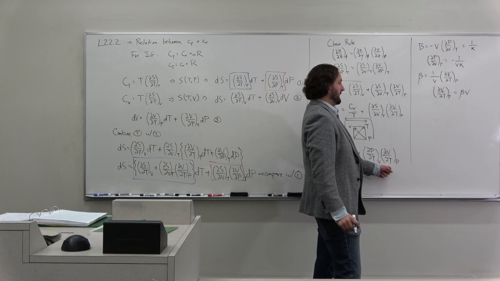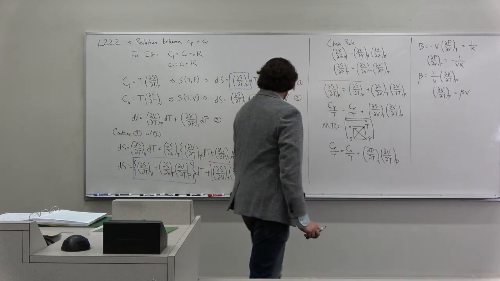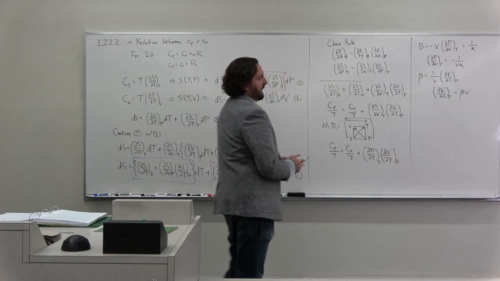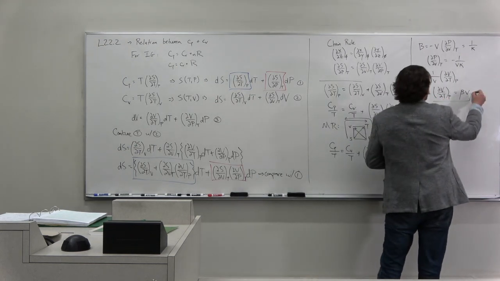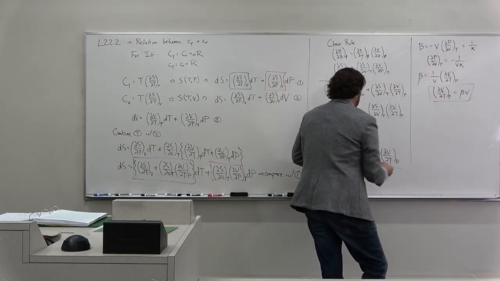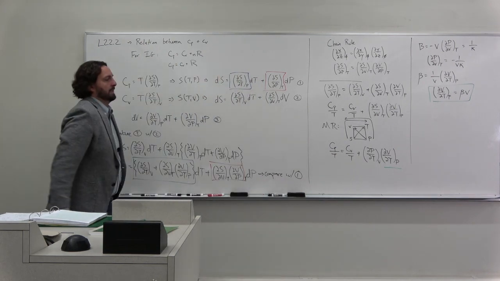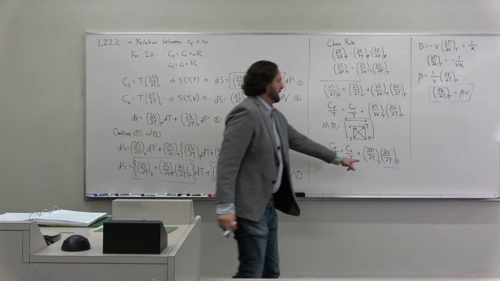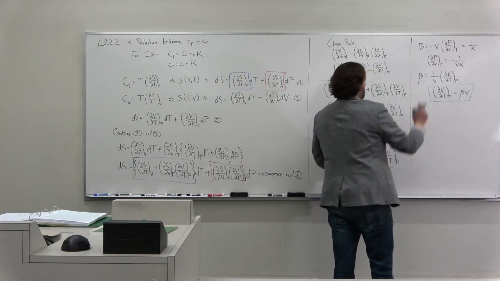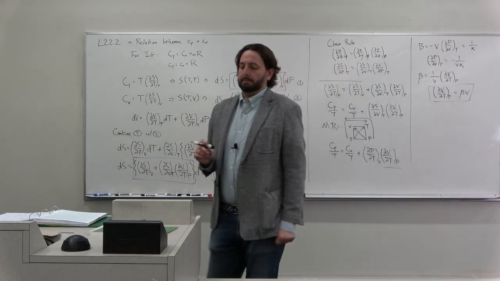That's going to be exactly that term, right? So this one is going to be exactly that term. But this one isn't exactly this term. So how do we deal with that?